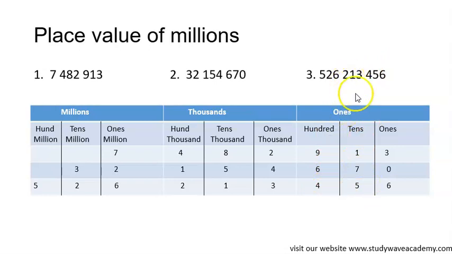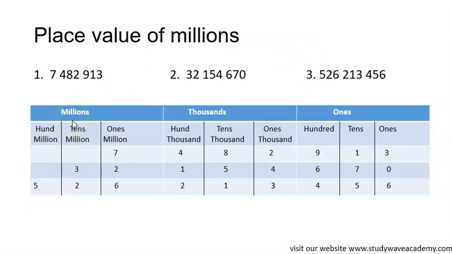We'll go over to the next one. 3 under the ones thousands in thousands, 1 under the tens thousands in thousands, 2 under the 100,000s in thousands. You move over to the next. 6 under 1 million in millions, 2 under tens millions in millions, and 5 under 100 millions in millions.